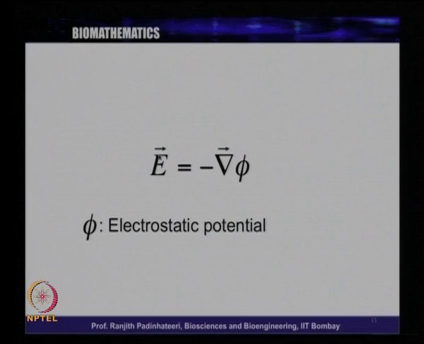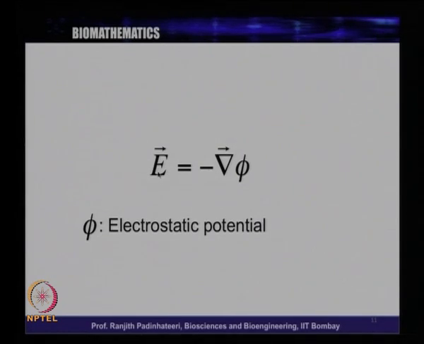So, we have to just remember that electric field is minus del phi, where phi is the electrostatic potential. This is another vector relation. E is a vector, del is a vector, and phi is a scalar. Potential energy is a scalar. This is just like force is the derivative of energy, something equivalent to that here.